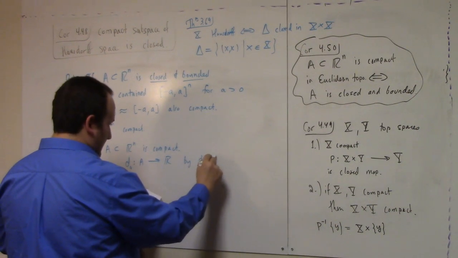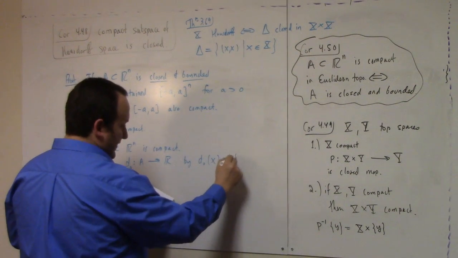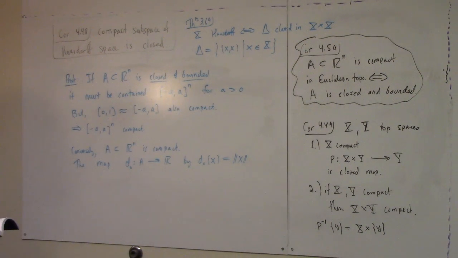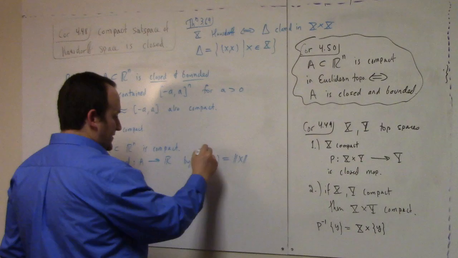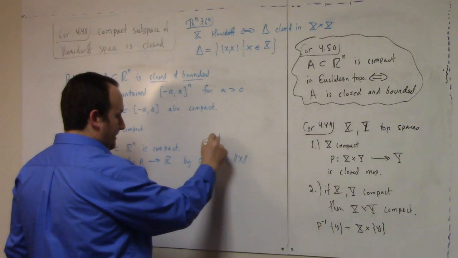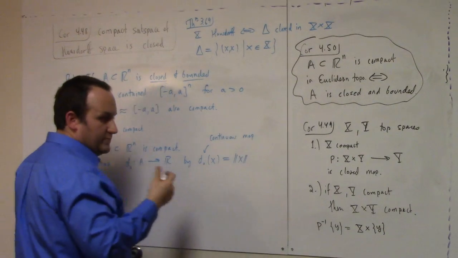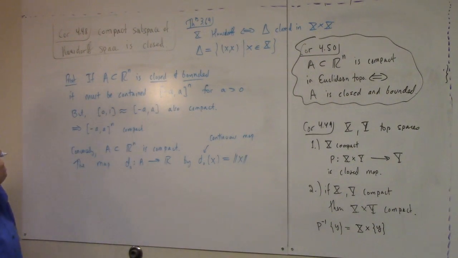D0 of x is simply the length of x, in other words, the distance from the origin. That's certainly a continuous mapping. Agree? I mean, the square root of the sum of squares is continuous.